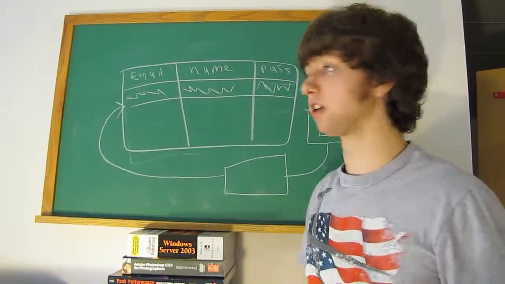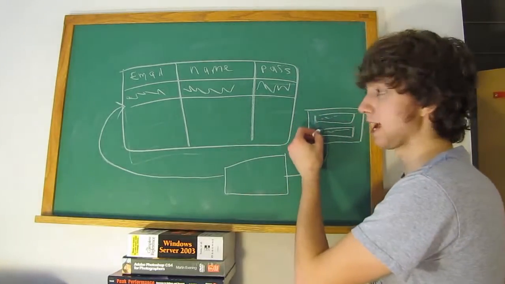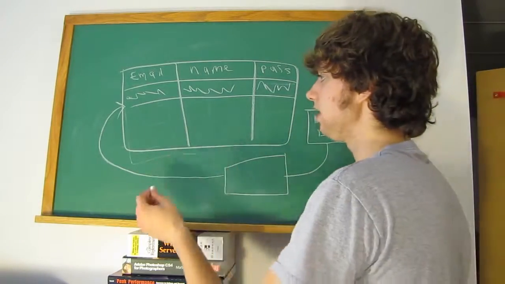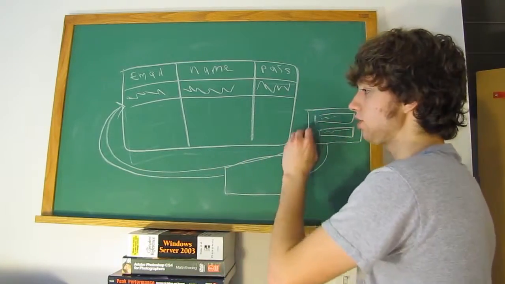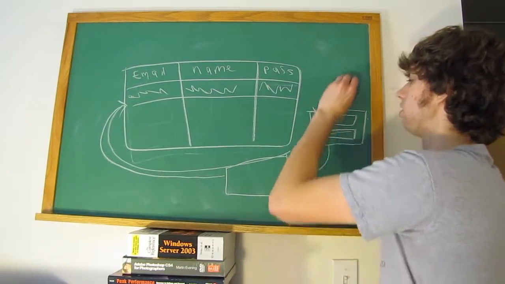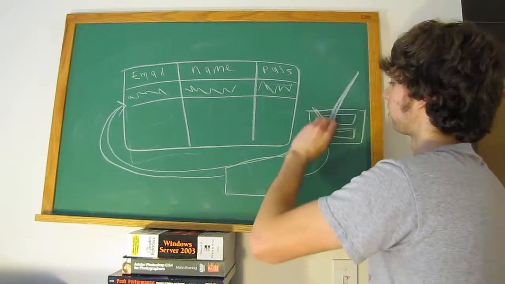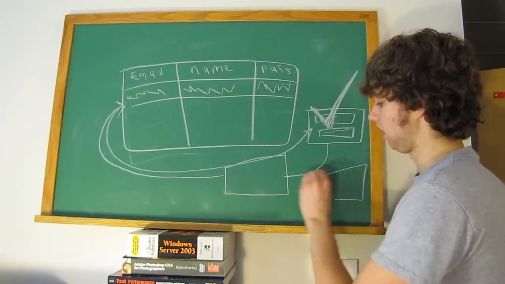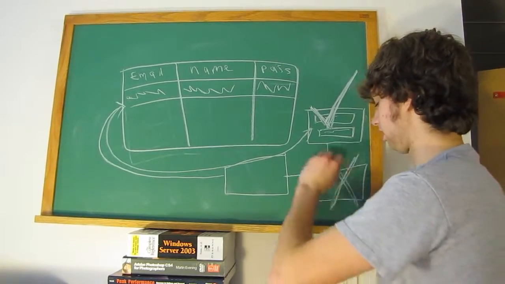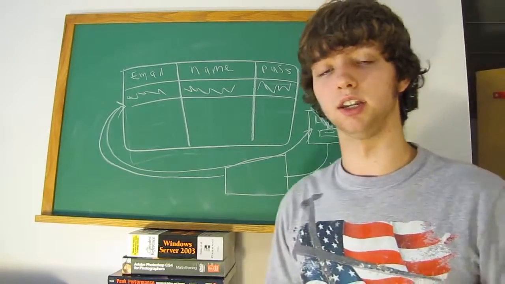Does it match? Is this username and password correct? If it is, it's going to send it back to the page and allow you to sign in. If it's incorrect, it's going to send it back to the page and you're not going to be able to sign in, and it will request you to sign in again.